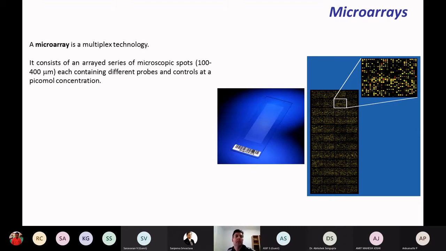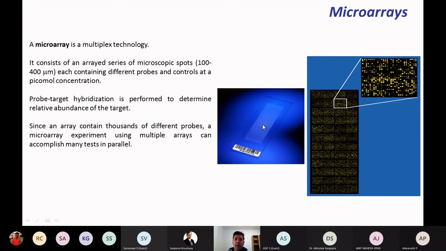A microarray is a multiplex technology. It consists of an array of microscopic spots, 100 to 400 microns in length, each containing different probes and controls at high concentrations. Then the probe-target hybridization is performed on the surface of the microarray to determine the relative abundance of the target.